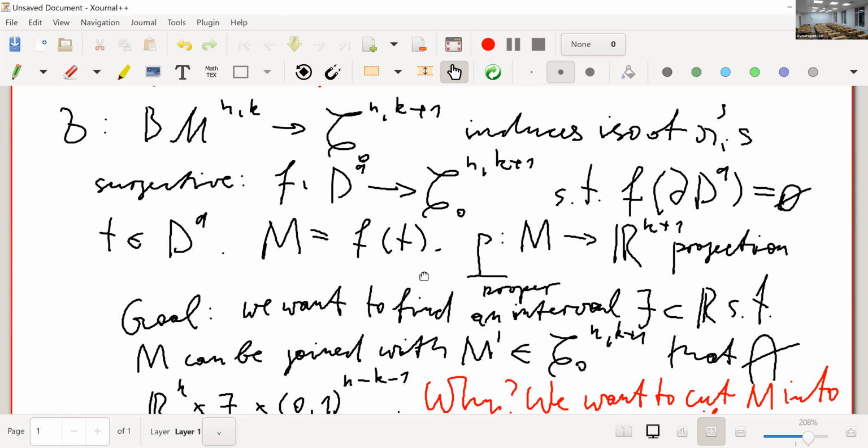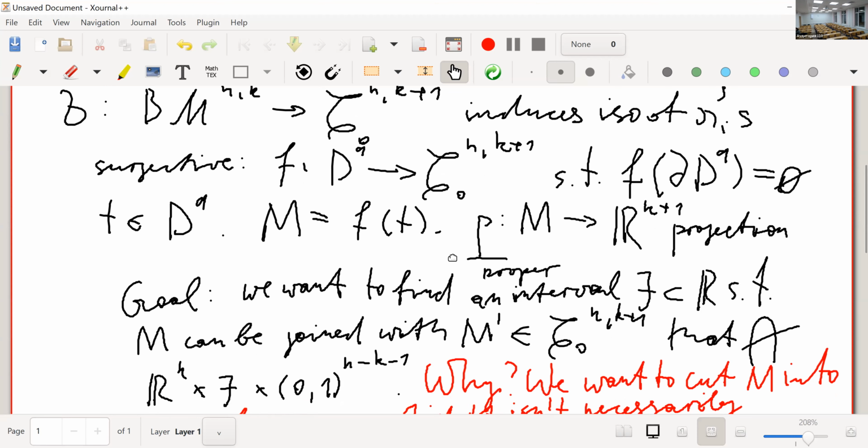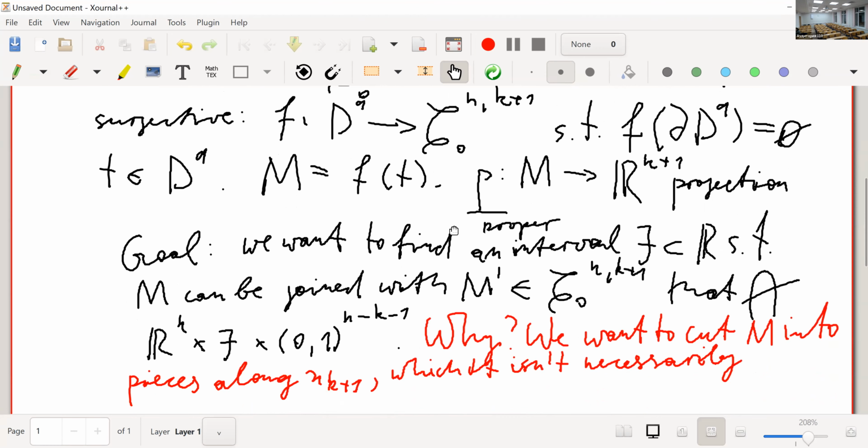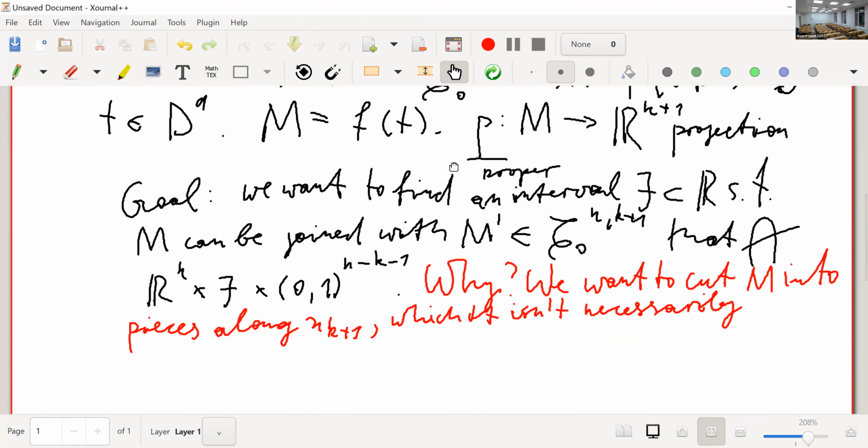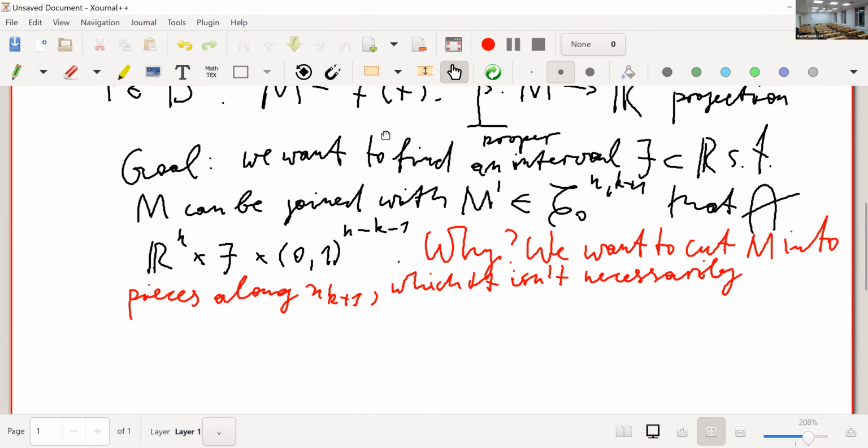So what we have is just some submanifold. We don't know whether or not it's a union of components along x k plus 1. Well, let's see what we can do. There are two cases.